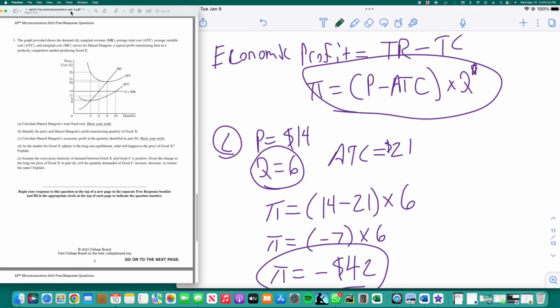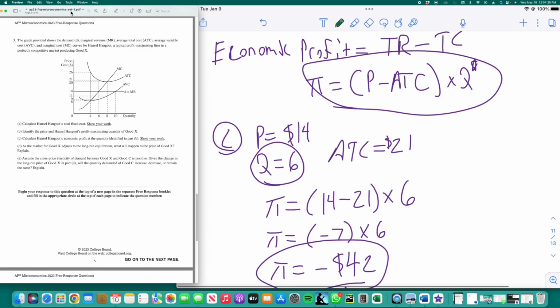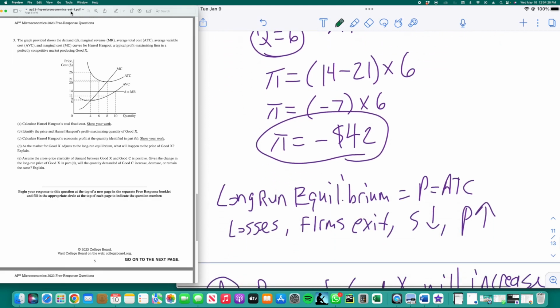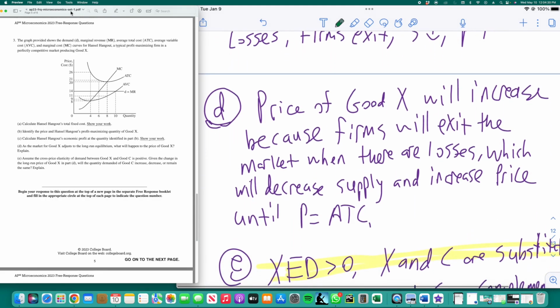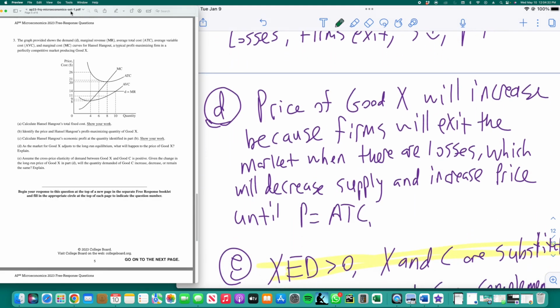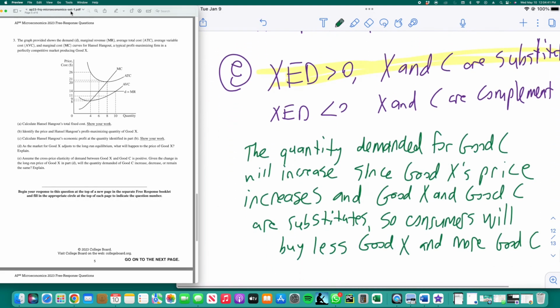At that quantity, your ATC is 21. So your profits are negative 42. The next one is we adjust to the long-run equilibrium. Because you're making losses, firms will exit, which will decrease supply and increase the price until price equals ATC. Finally, because the cross-price elasticity is positive, the goods are substitutes. Therefore, because the price of X increases, the quantity demanded of C will increase.